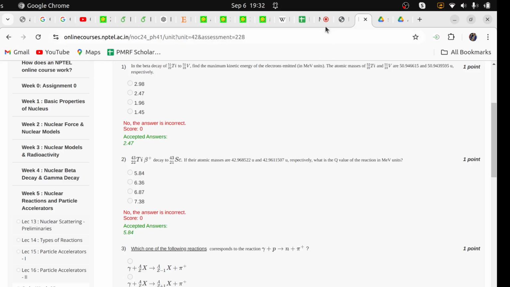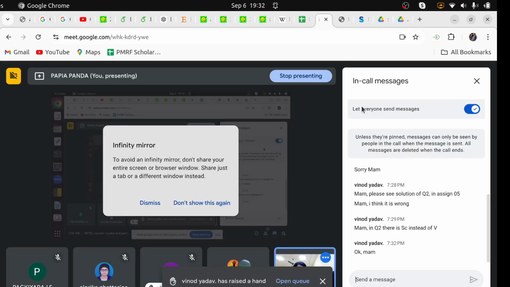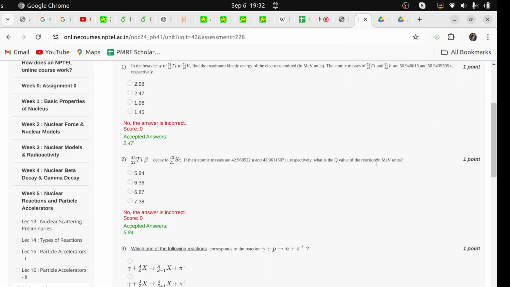Is it fine? Whatever you told is absolutely correct and I totally agree, but as per the mass calculation there is no problem. We just need to take 49 point something minus this one, minus 2 me, into 931.5, which converts it into MeV.